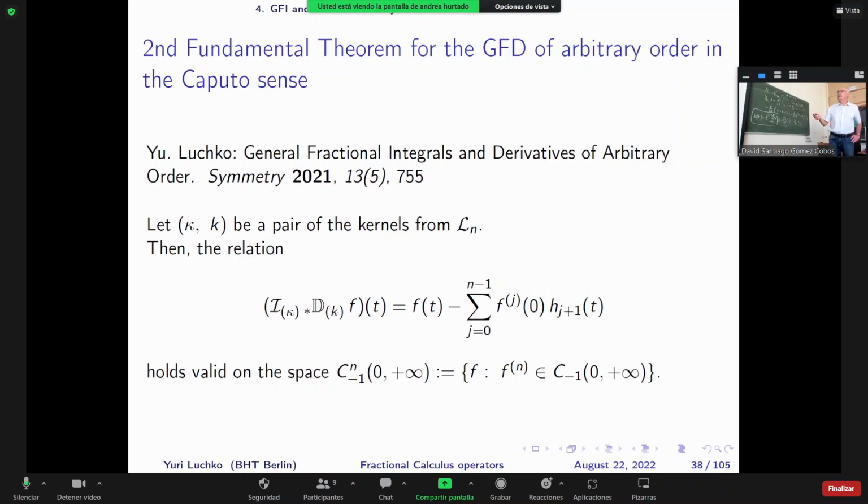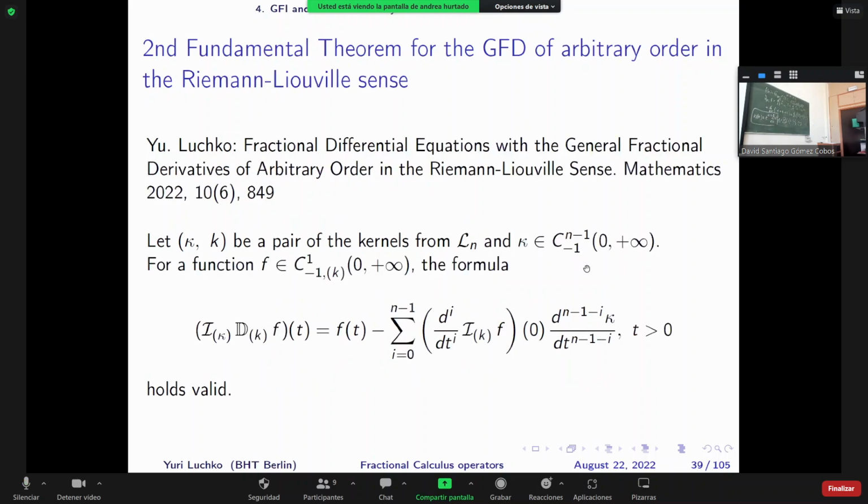So the initial conditions are like in the case of the Caputo fractional derivative, just integer order derivatives of the function f at the point 0. And here we work on the space c minus 1 n, the space of the functions with the property that the nth derivative of f belongs to the space c minus 1.